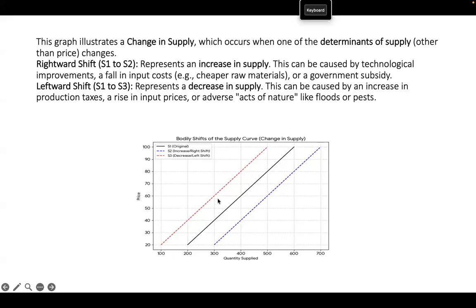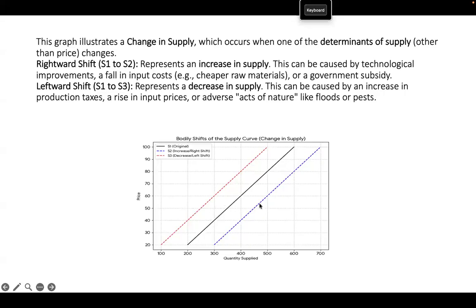And when there's a decrease in supply, the supply curve shifts leftward, or inward. That's from S1 to S3. The red line is S3, then the blue line is S2. With the blue line, there's an increase in supply because of the rightward shift. Then the red one is an inward or leftward shift, from S1 to S3.